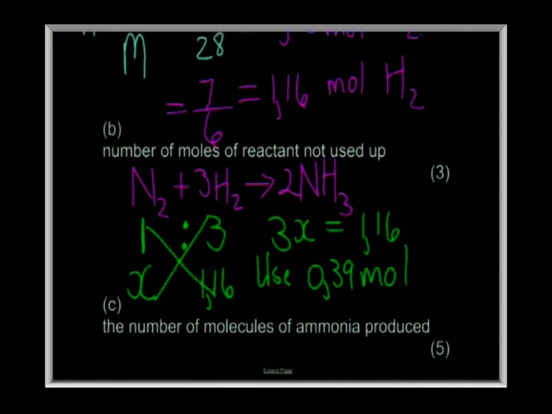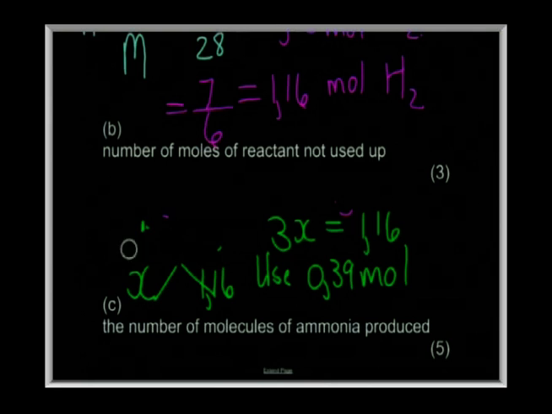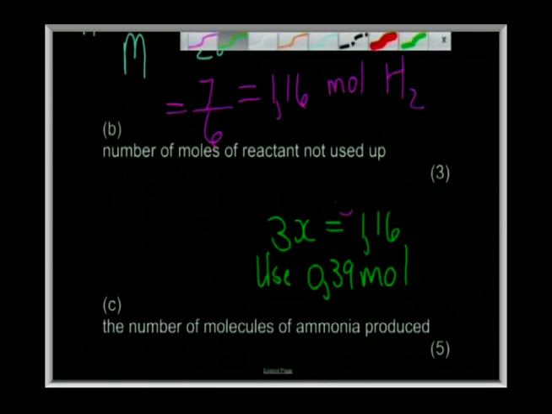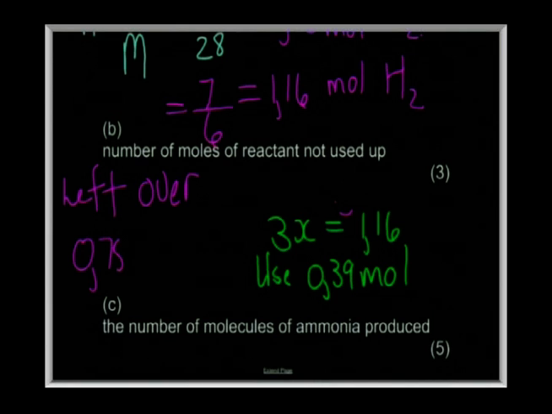And therefore, now I'm running out of space over here. Let's just make some space. So I use 0.39 mole. So therefore, left over is 0.75 minus 0.39.